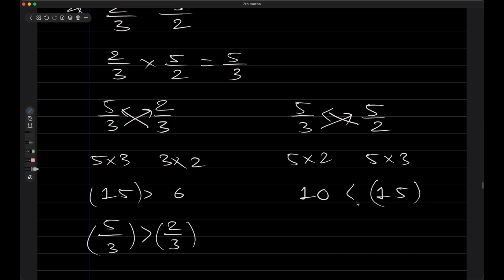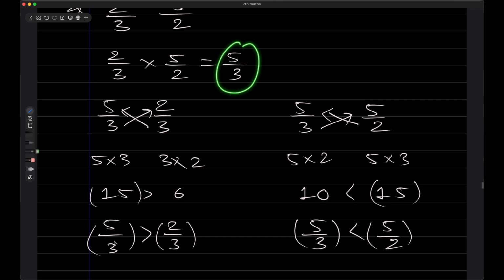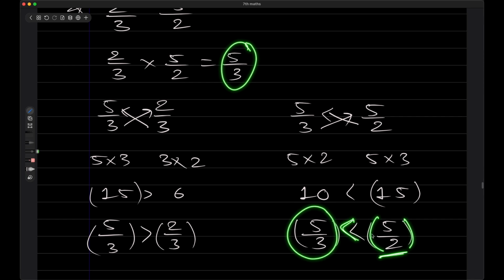We have 15 greater than 10, so I can say 5 divided by 3 is smaller than 5 divided by 2. If I observe here, the product, 5 divided by 3, is greater than the proper fraction 2 divided by 3, and the product is smaller than the improper fraction 5 divided by 2.